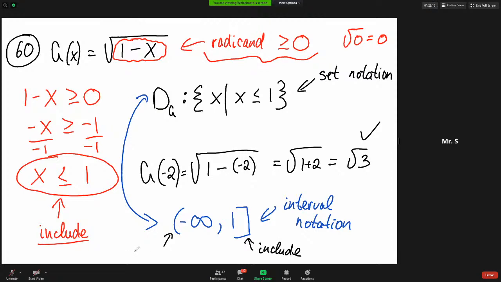This means exclude. Sometimes we use exclude for a number, like if this was just x is less than 1, then we would use a parenthesis, not a bracket. But when we have a concept, infinity or -infinity, we cannot include that. That's not a number. So those always come with a parenthesis as opposed to a bracket. But yeah, they do mean different things. One means exclude, one means include the value next to it.